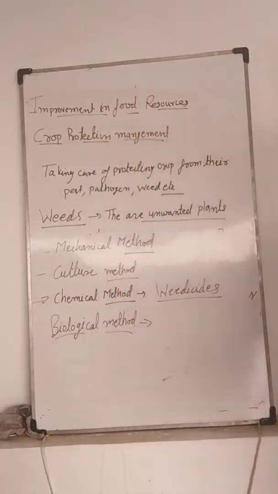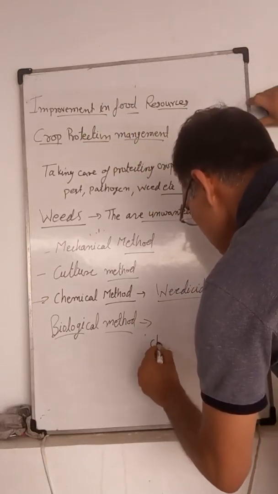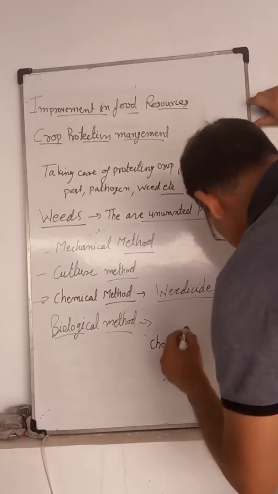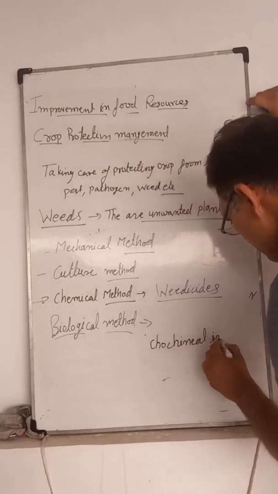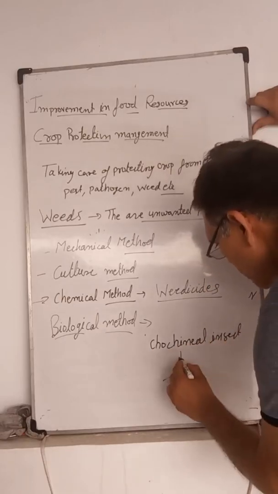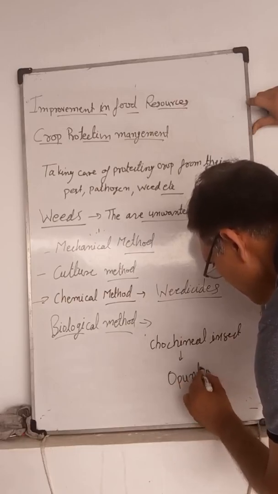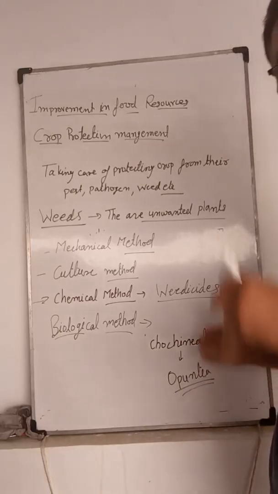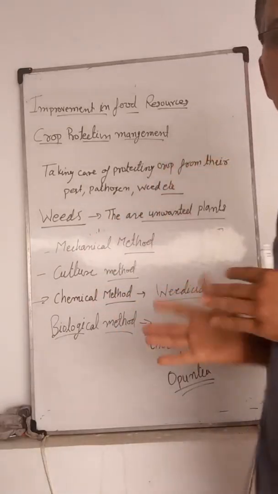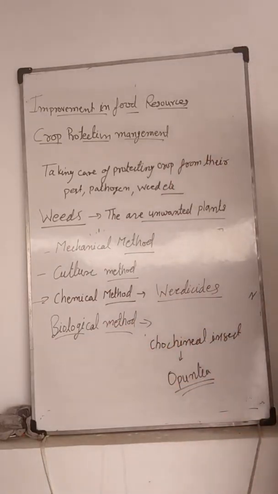For example, the cochineal insect controls the growth of opuntia. This insect depends upon this plant, and in this way the weed is removed. So this is the biological control of weeds.